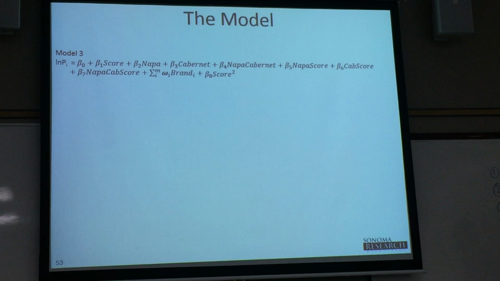Score squared. But I had to interact it with everything else that has a score in it. So Napa score squared, and Cab score squared, and Napa Cab score squared. So once I introduced score squared, I had to interact it with everything that was interacting with score. Man, that's a mouthful.